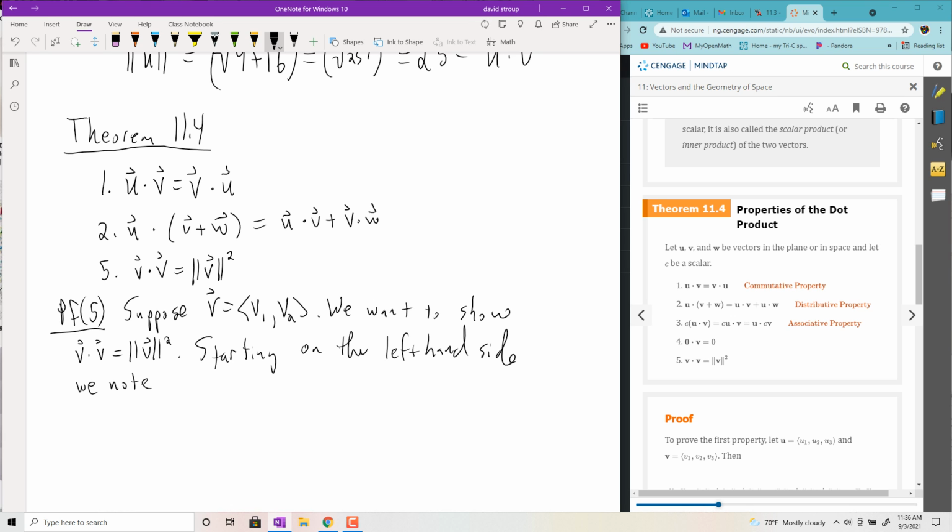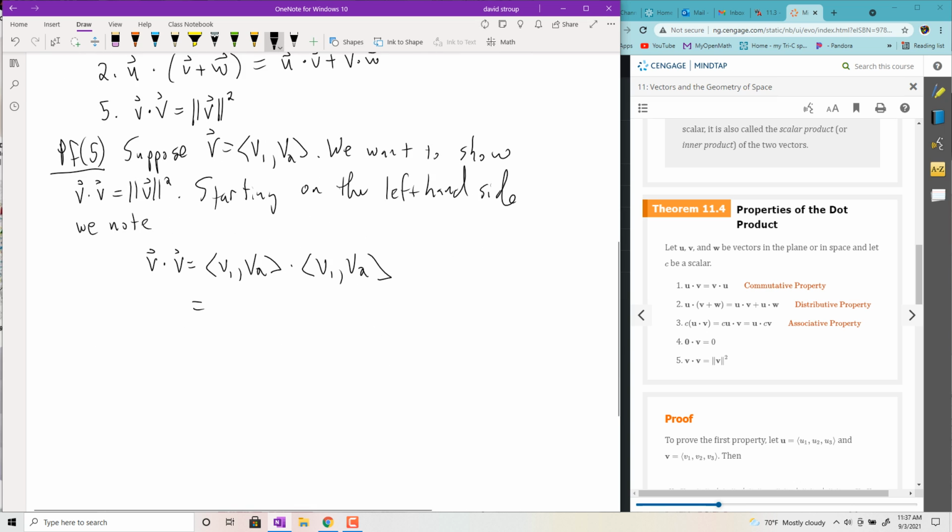We note v dot v from substitution. We could write that as v1, v2, dotted with v1, v2. And then from the definition of the dot product, that's just equal to v1 times v1 plus v2 times v2.